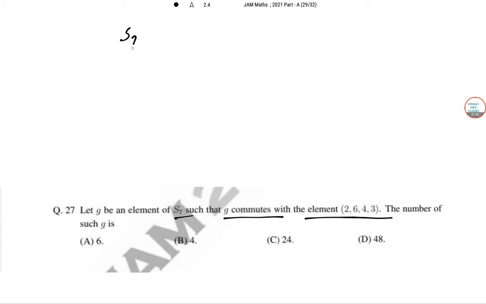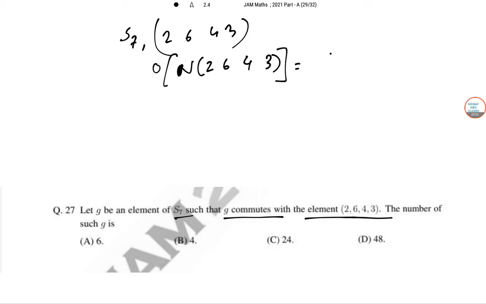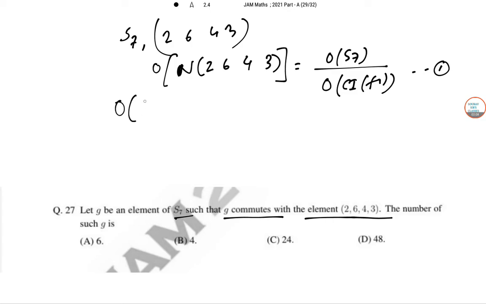So this is the centralizer of f in S7. So this is number 1. The conjugacy class of f is the set of elements having the same cycle decomposition as f.